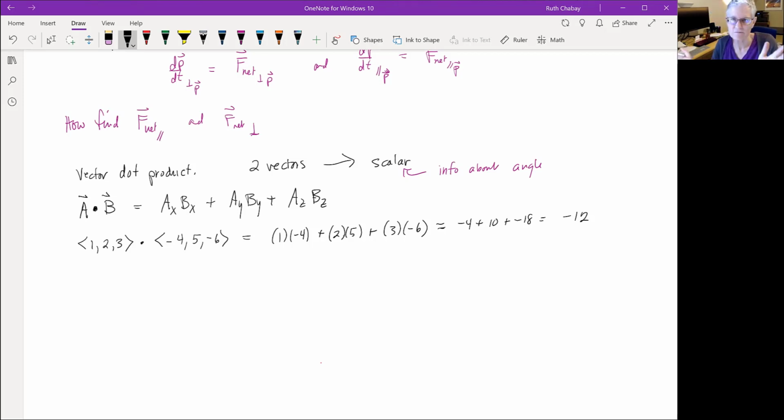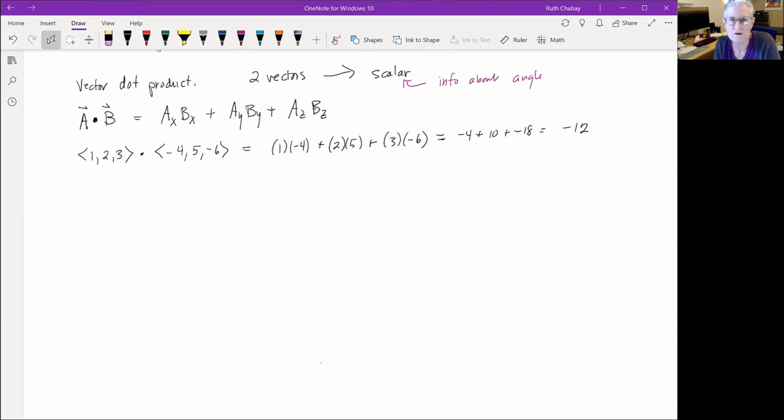Okay, so that's not hard to do. The question is, where did the geometry information come from?